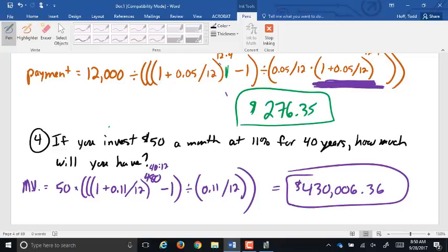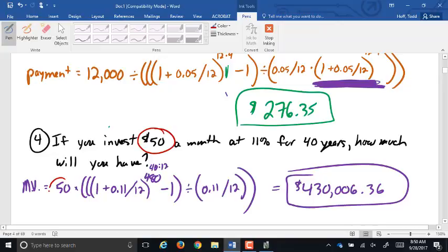Now, the nice thing about this formula is that if you double the payment, that doubles this number. If you're making $100 a month, that just doubles it. So once you've got it figured out for $50 a month, every $50 a month you put in is that much, plus another 50 would be that much more.